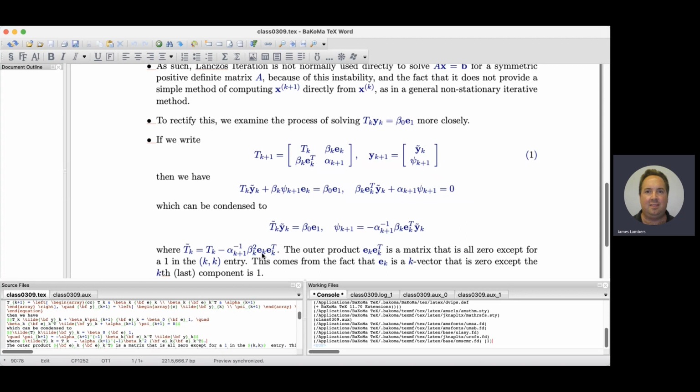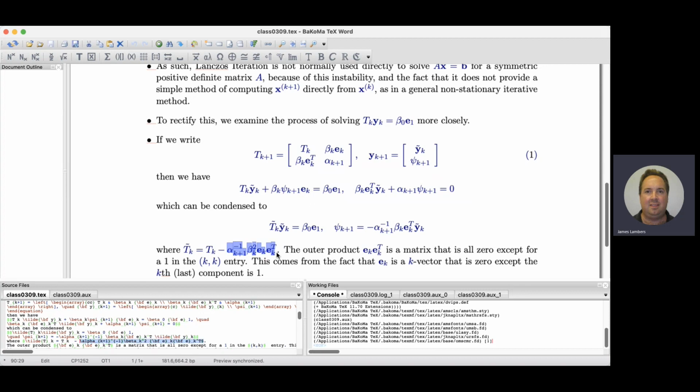And notice I have this outer product, ek transpose. So what does this mean? This right here is a matrix that is entirely 0 except for the last row, last column. So the kk element is set equal to this, because ek transpose, remember ek is a vector that's all zeros except for a 1 in the k position.